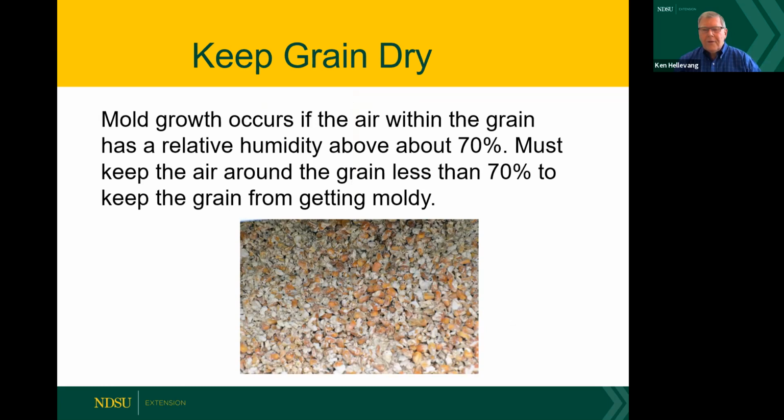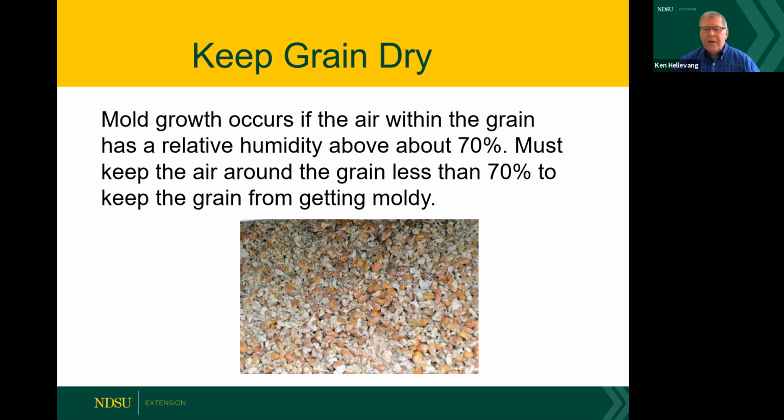When we look at what type of humidity typically is associated with mold growth or fungi growth, what we find is that if the airspace around the grain kernels is at or above about 70%, that creates an environment that is damp enough for mold to grow.